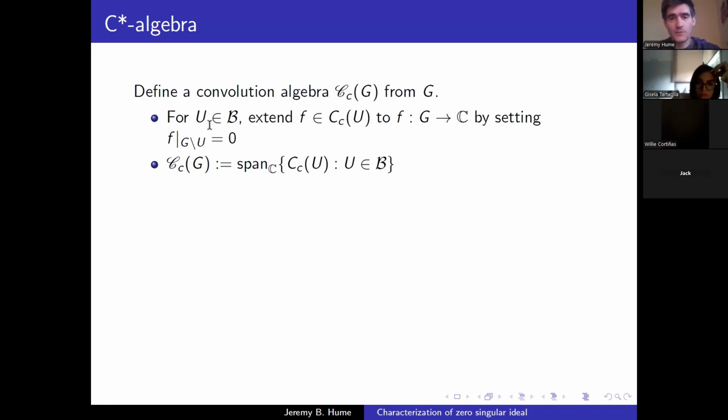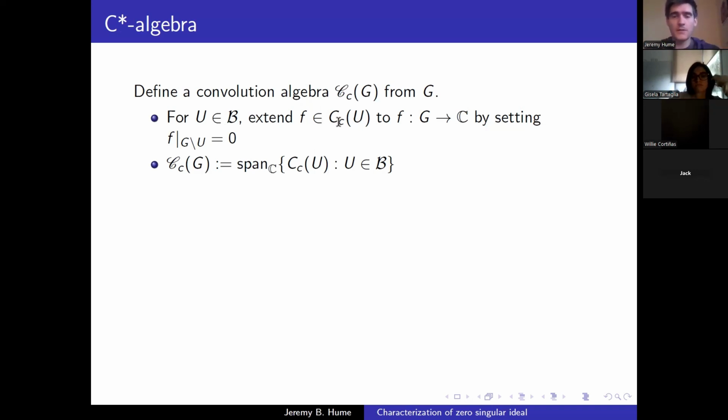These functions are defined first from functions that are supported on open bisections. You take an open bisection and look at a compactly supported continuous function on it. Remember the unit space is Hausdorff, so on a bisection, since the range and source are local homeomorphisms, the bisection is actually a Hausdorff space.